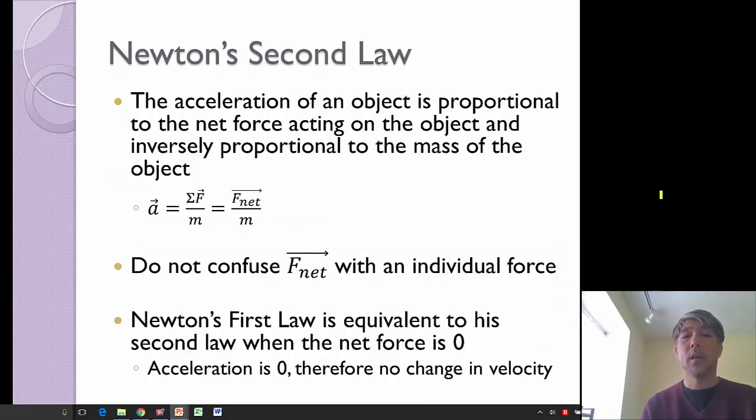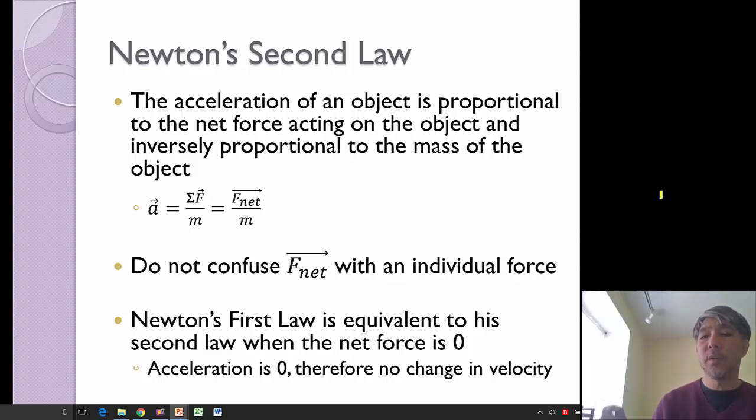Newton's second law states that the acceleration of an object is proportional to the net force acting on the object. So the more force, the more acceleration. And it's going to be inversely proportional to the mass or the inertia of the object. In formula form, we'll have the acceleration vector is equal to the net force, so we add all the individual forces up, divided by the mass of the object.